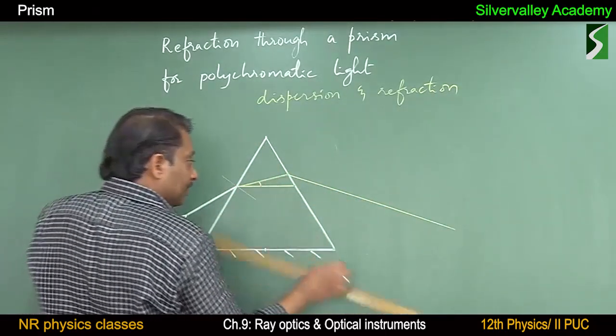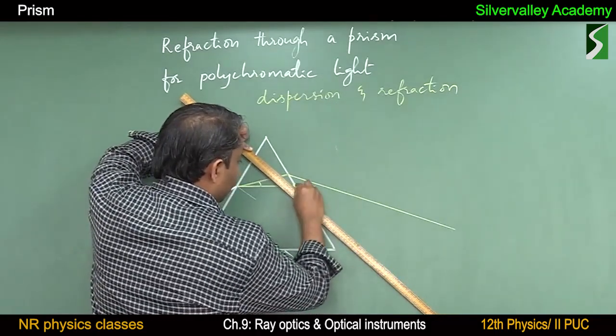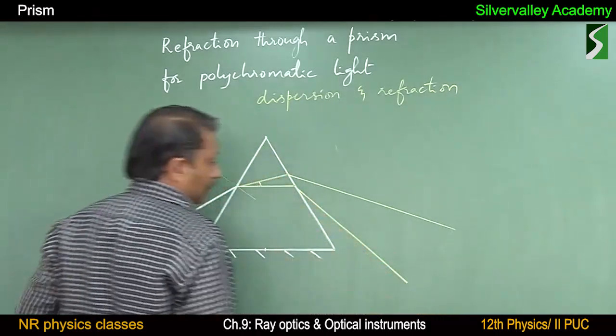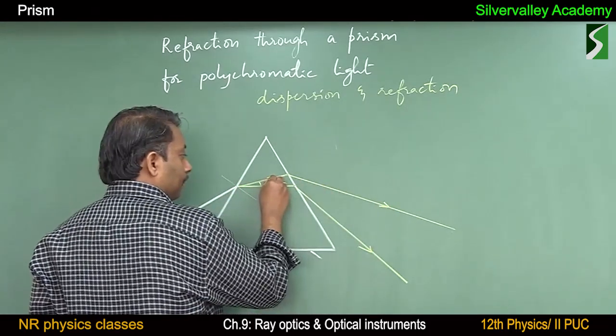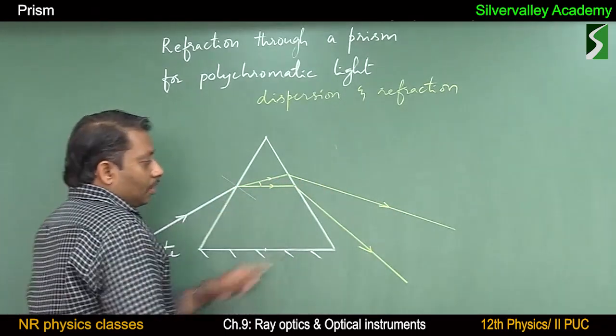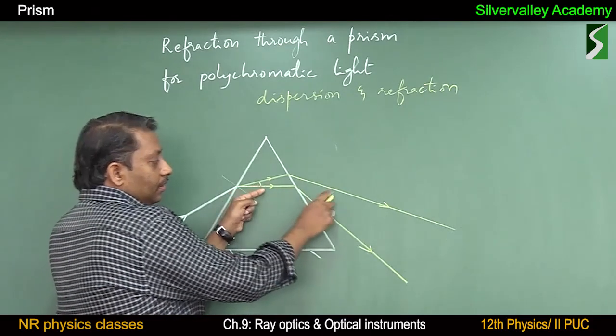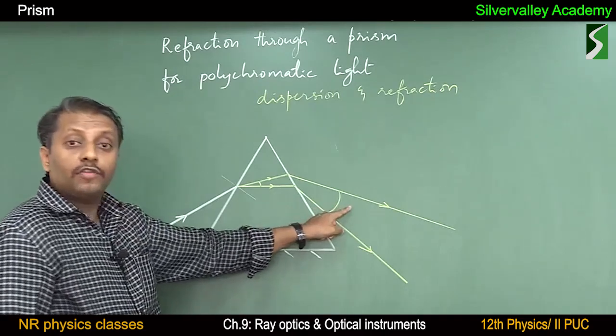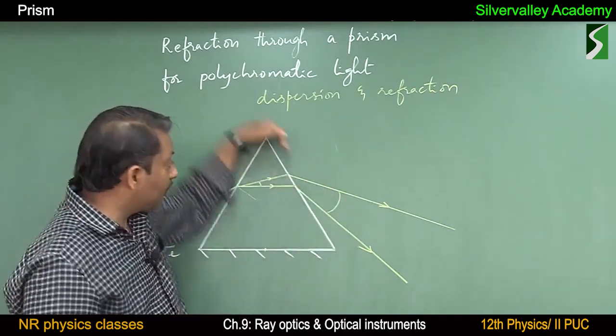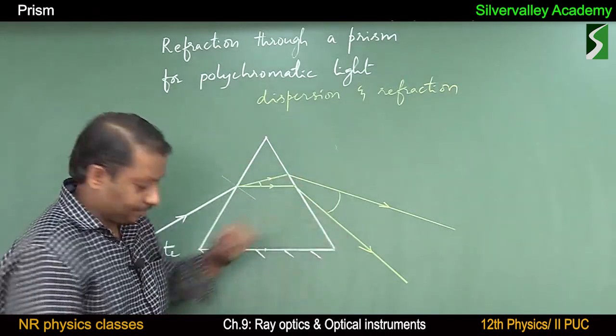This extreme ray also bends. Now observe, this angle is greater than this angle. So angle of dispersion can be increased by using second refracting phase.